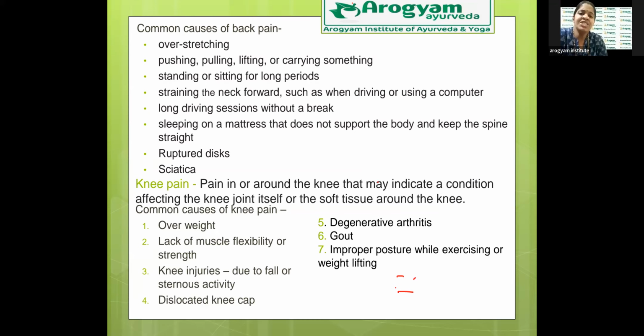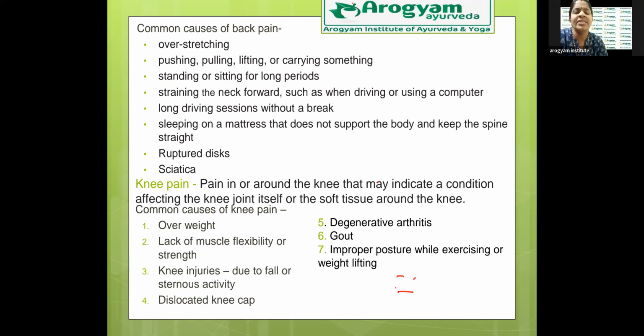As age proceeds, due to some wear and tear, if there is some pain in the joint, that is called degenerative arthritis. Gouty type of arthritis. Gouty arthritis is one which affects the smaller joints, like our first toe, that is the big toe joints, or the ankle joint, or the joints of the hands.